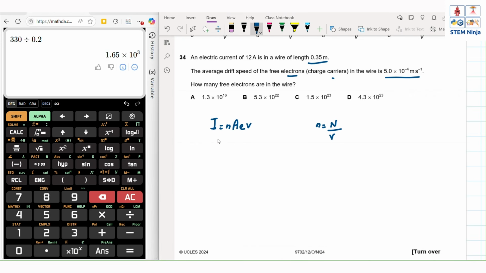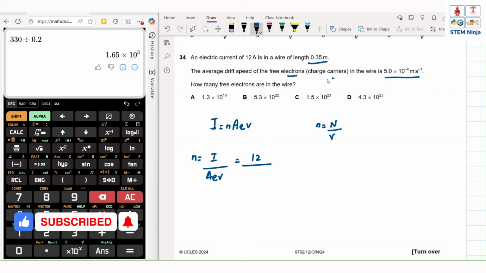That's what we need over here. So we have current 12 ampere. If we can find out the number density, we can find out the number of free charges. So n is equal to I over Aev. So 12 amps divided by the cross-sectional area.